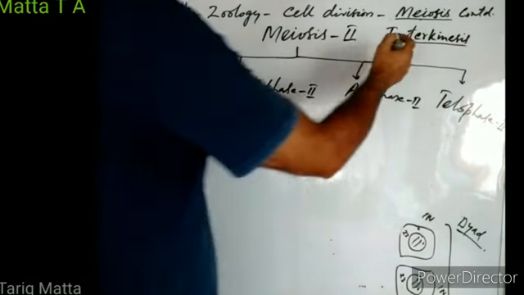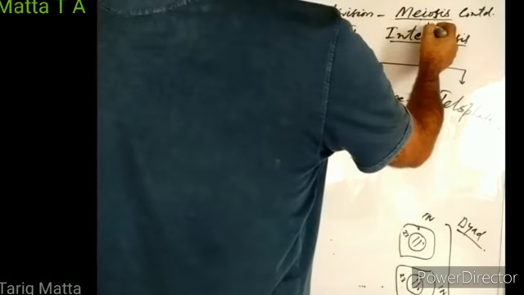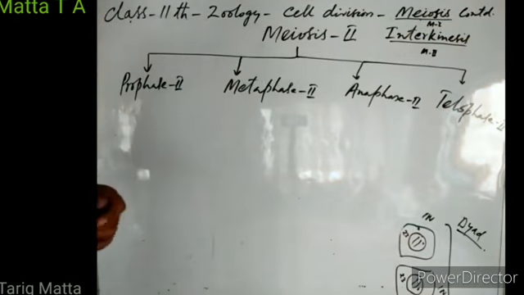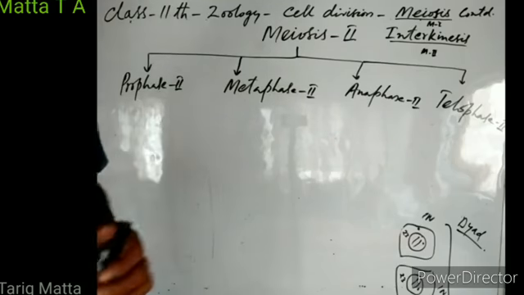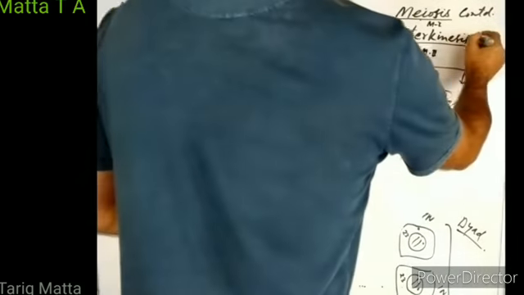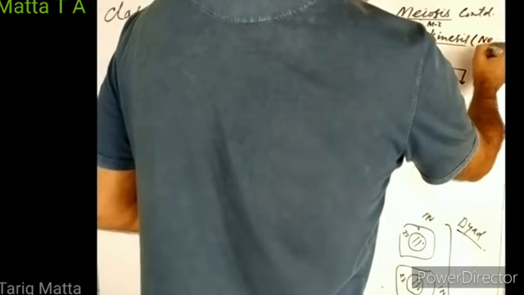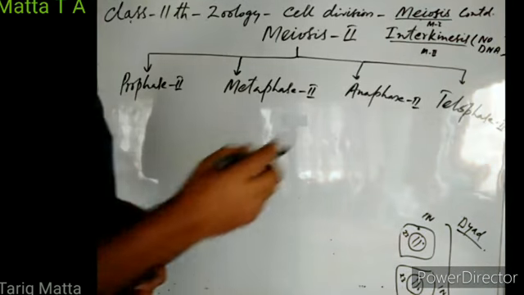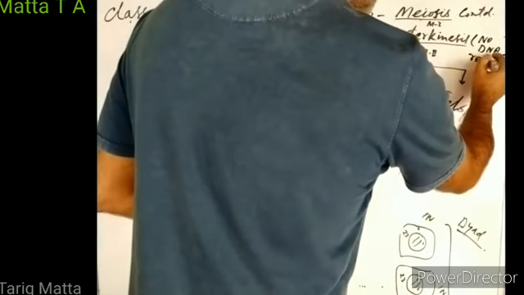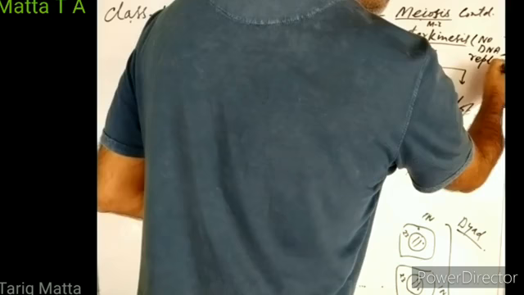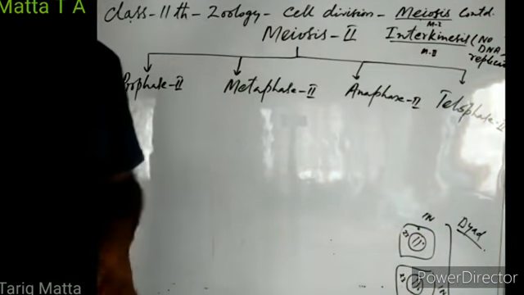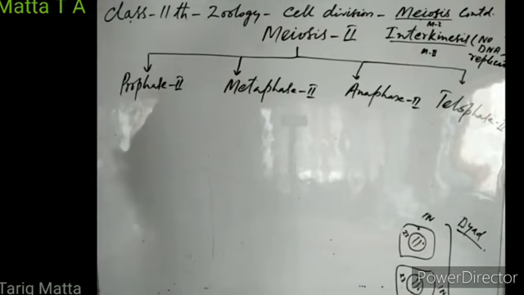In this interkinesis phase, which is between meiosis first and meiosis second, there is no further DNA replication. DNA replication has already occurred in the S phase of interphase of the cell cycle.